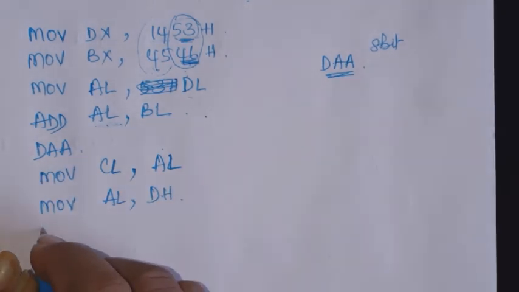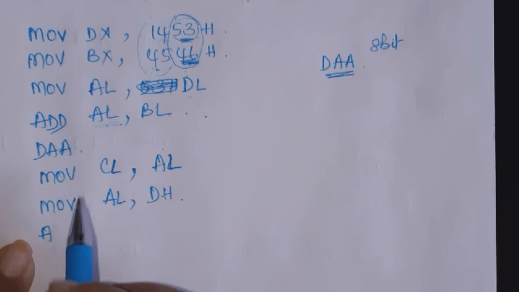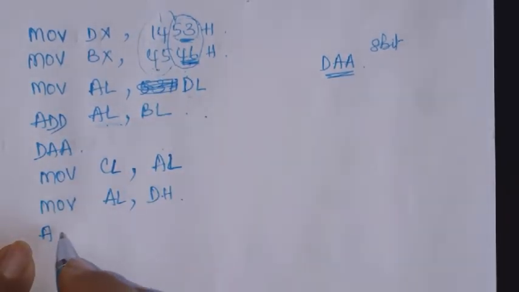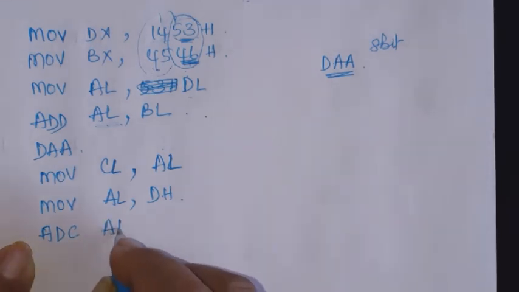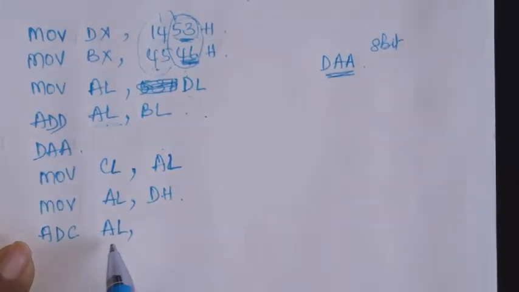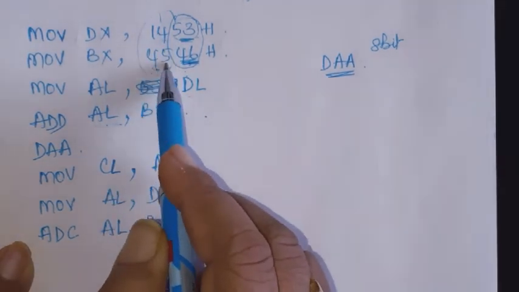So for that again move AL with DH, the higher byte of the DX register. Then add. Now it is add with carry because there may be a carry from here. So add with carry AL, that is the DH contents, this 14, with BH. Now these two are added.